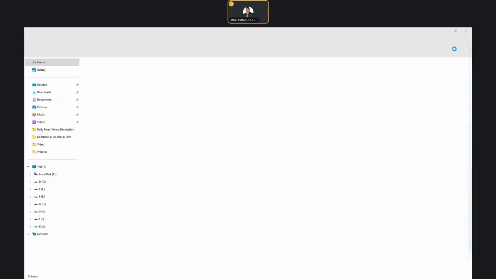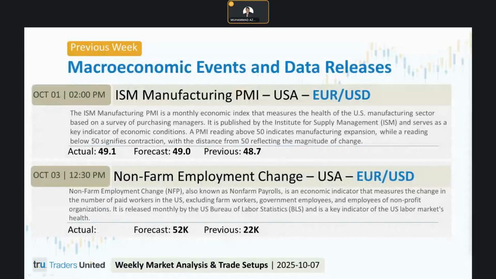Okay, so let's start with the first one. October 1st, 2025, ISM Manufacturing PMI related to USA. Now, what is the ISM Manufacturing PMI in USA? The ISM Manufacturing PMI is a monthly economic index that measures the health of the USA manufacturing sector based on a survey of purchasing managers.